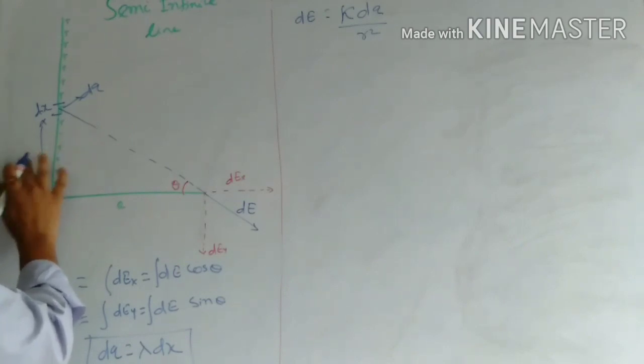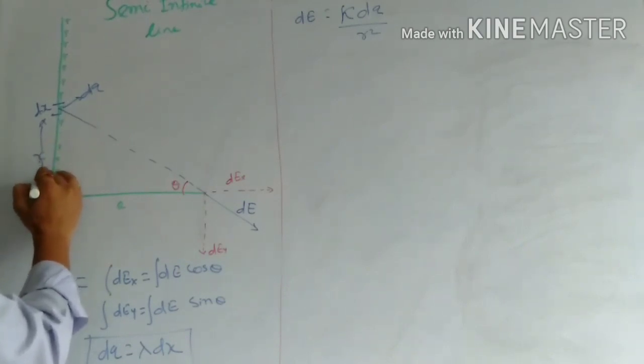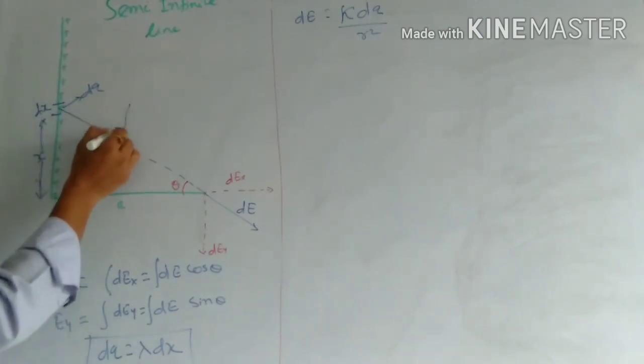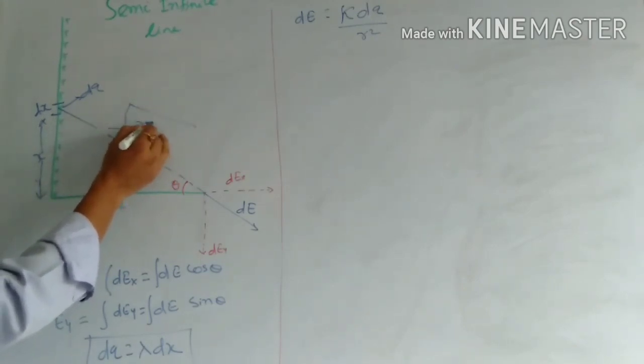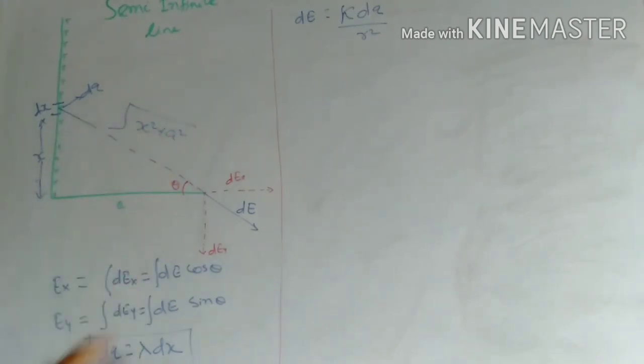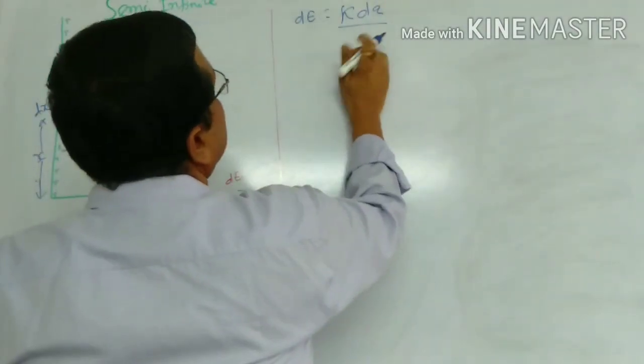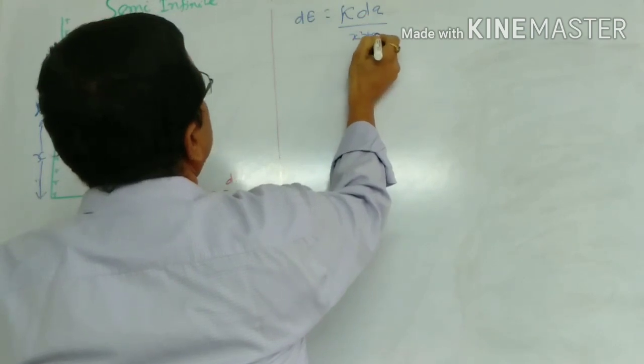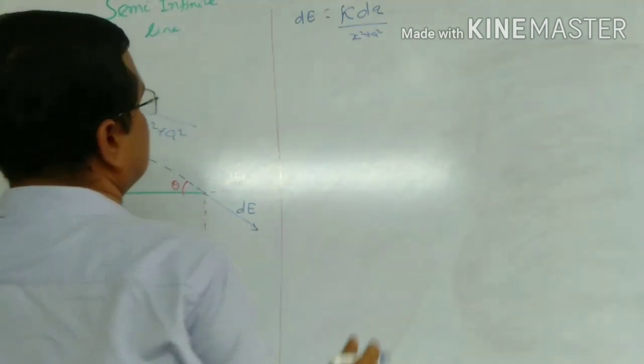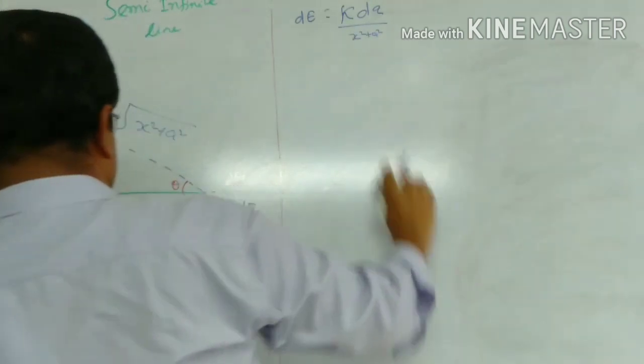We consider this distance as x. So what is this distance? Definitely x square plus a square. So r square means x square plus a square, and dE is that.